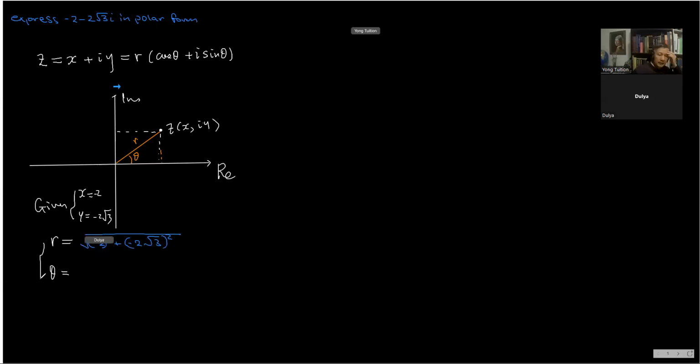You can use the Pythagoras theorem for r. Here's question 1. How do we work out the theta? Do you know the formula, the tan inverse?